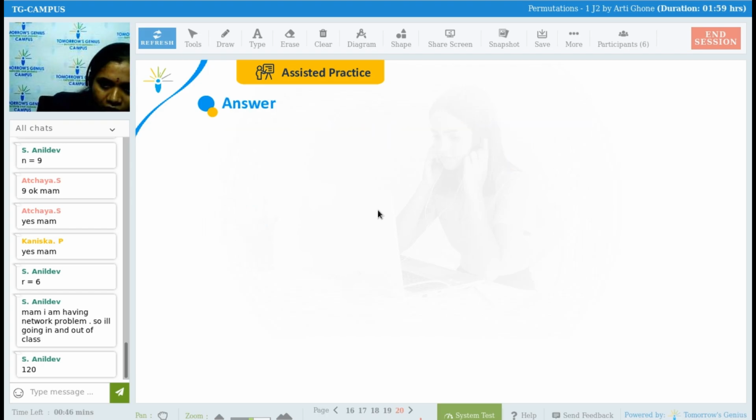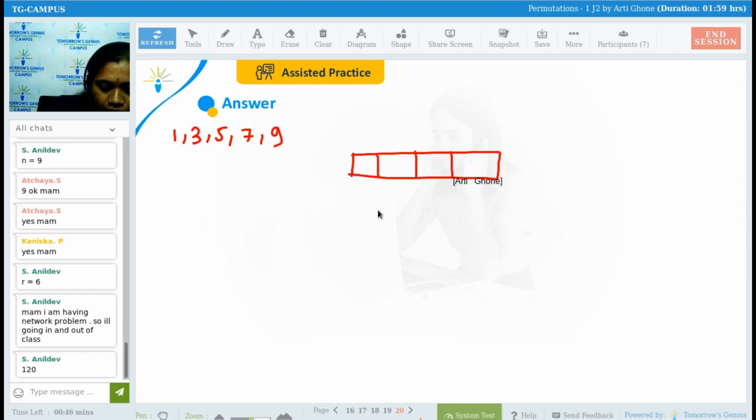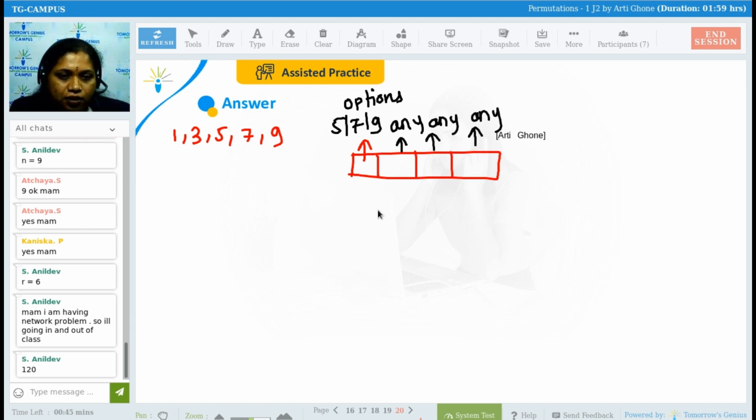Now available digits are 1, 3, 5, 7, 9. Okay, fine. So I want to form a 4-digit number. Clear? What are the options for this place? Either 5 or 7 or 9. Clear? For this place, any can be an option. For this place also any can be an option. Now tell me the answer.